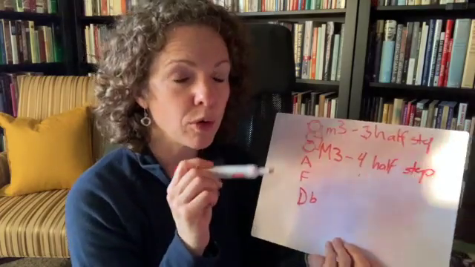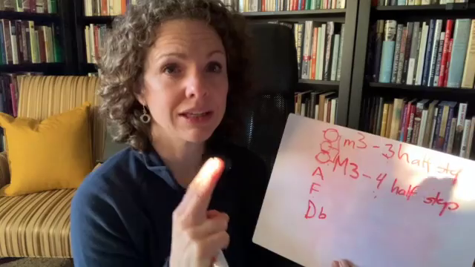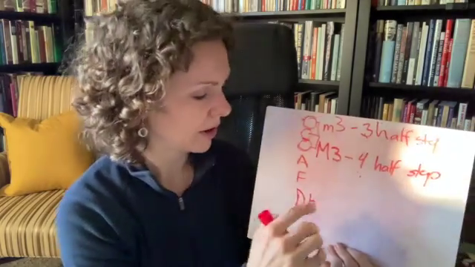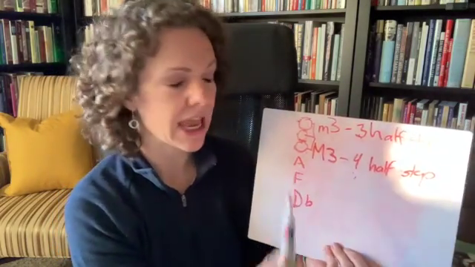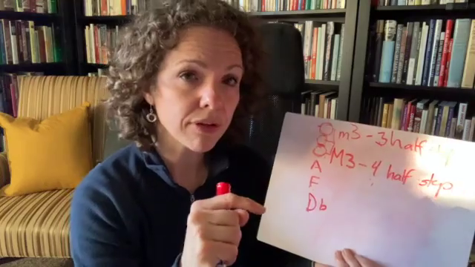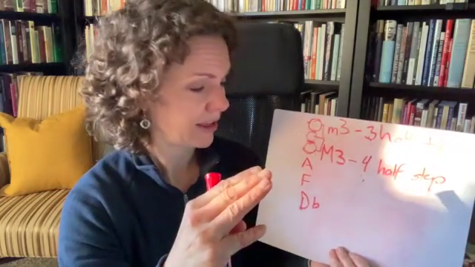D flat is 1, E flat 2, E 3, F 4. So F is fine. Now I need to go F to A, three half steps higher. F, F sharp, G, G sharp, and that's 3.